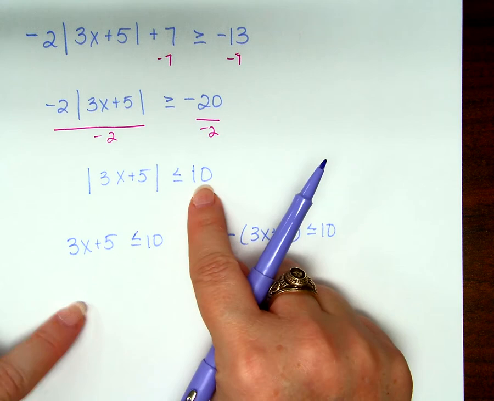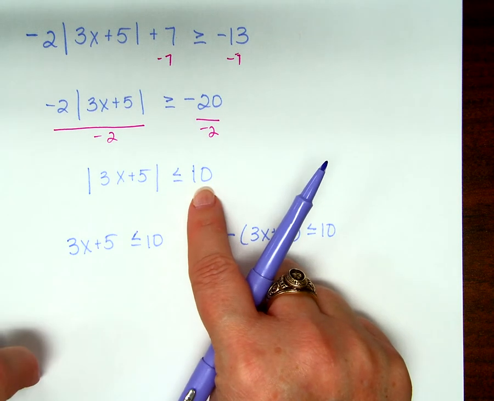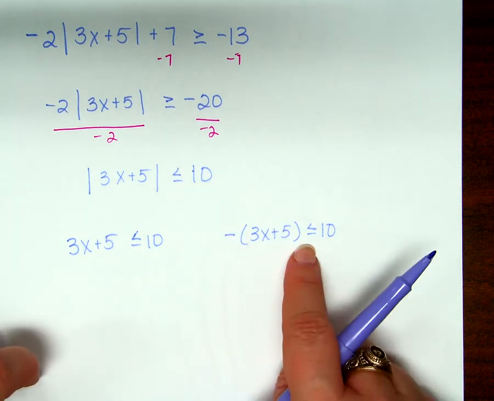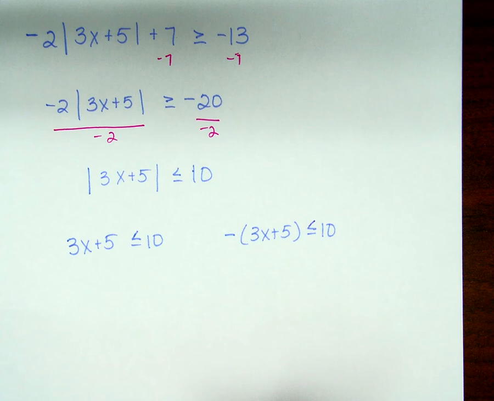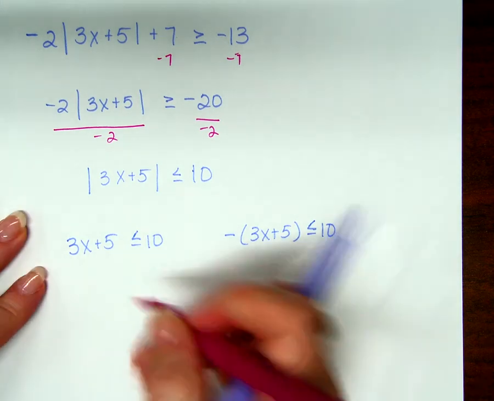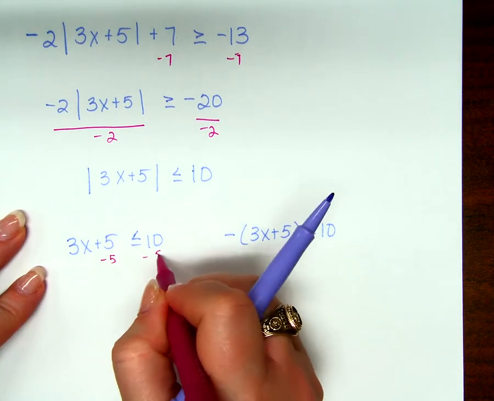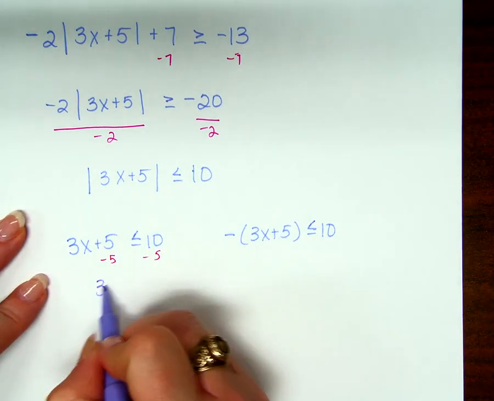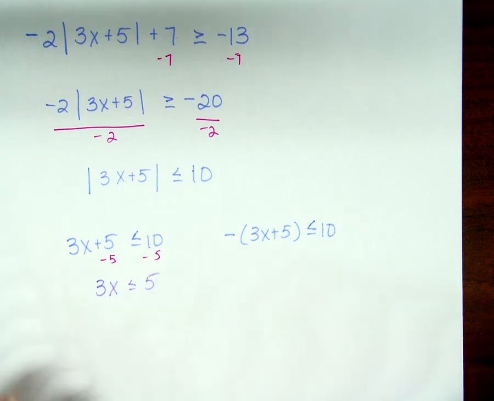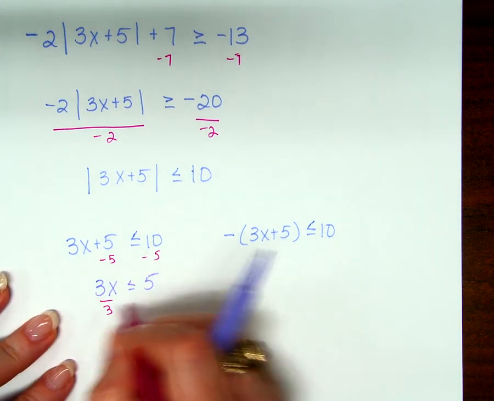Because if I'm suddenly making this the sign that's different, I have to watch my inequality signs. I really have to focus on that, and there's a whole bunch of rules that you have to memorize. I don't want to memorize rules. I just want to use stuff I already know. To use stuff I already know, over here I just subtract 5 from both sides, just like normal. 3x is less than or equal to 5, and then divide both sides by 3.